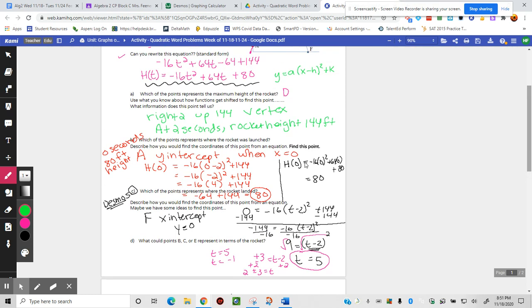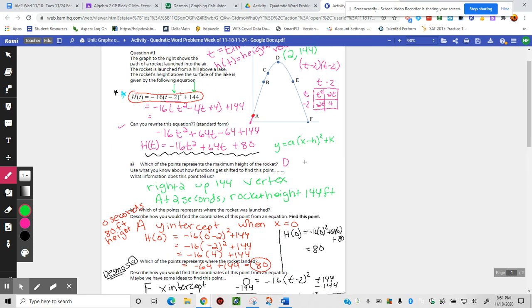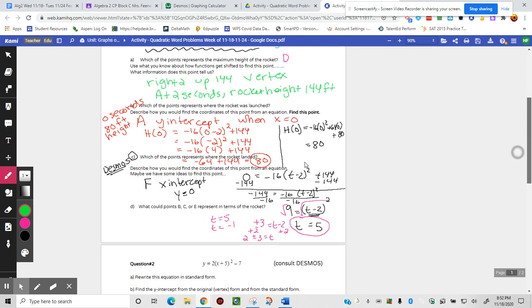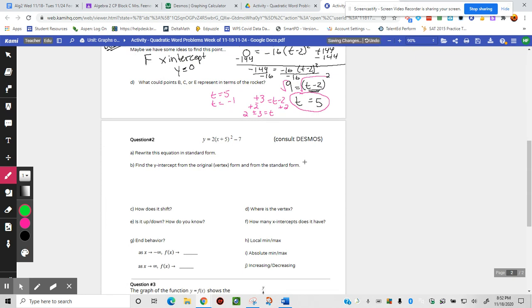If you notice though, there is something I'd like you to note. Notice B and E are at the same height. It just means that your rocket's going up and coming back down. So the time is different, but the height is the same for those.